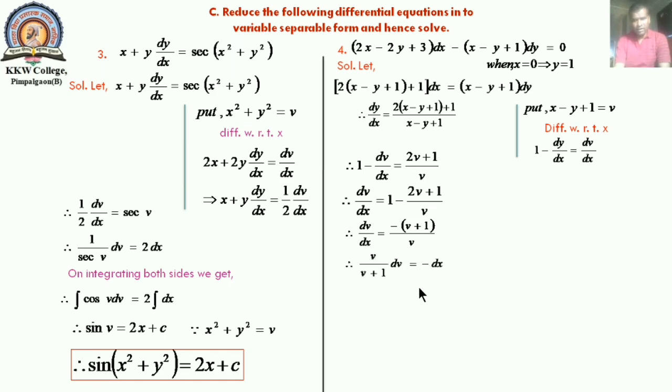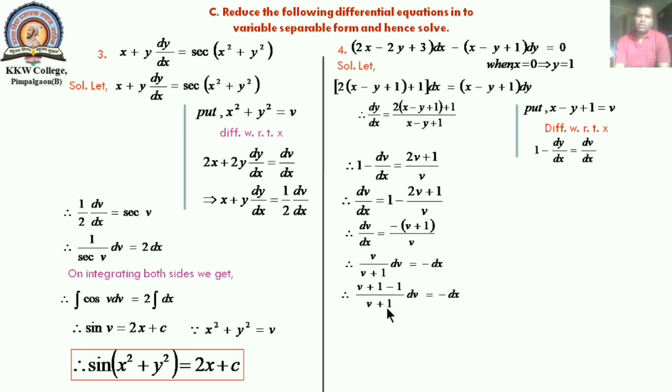Now separating the term of v towards dv and the term dx, we have v upon v plus 1 dv is equal to minus dx. Variables are separated, so we can integrate both sides. For integrating, we will simplify it. For integration, v plus 1 minus 1 adjustment is there.